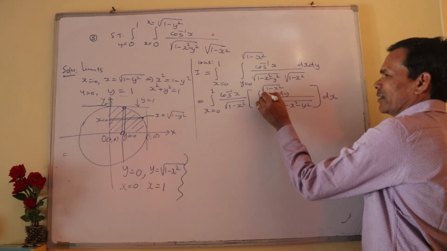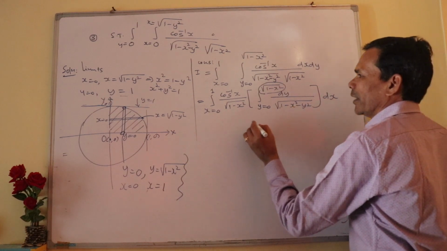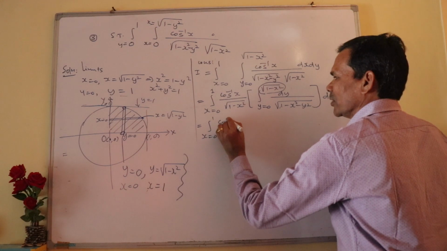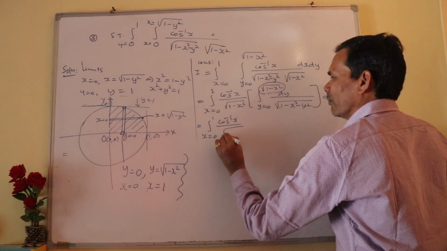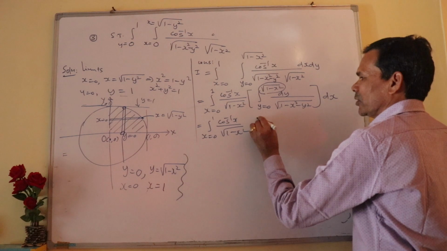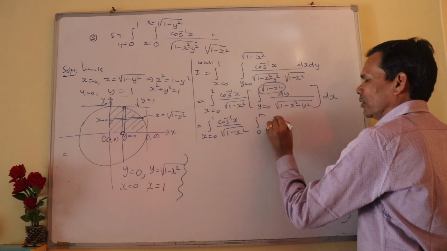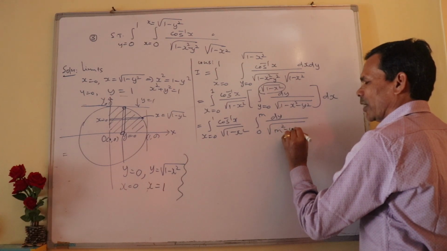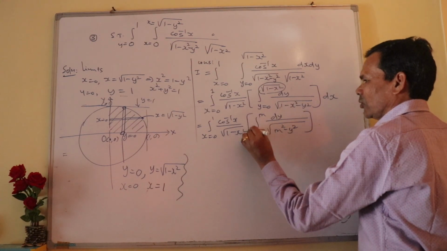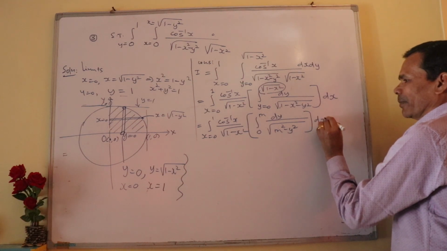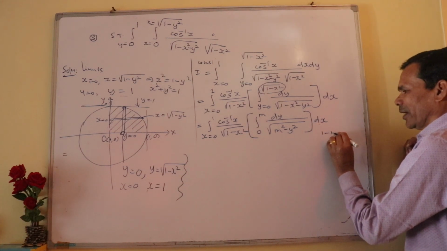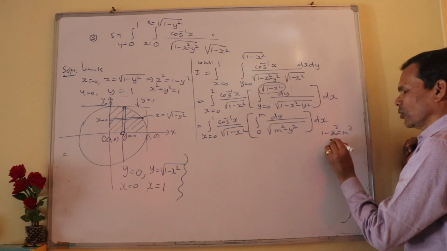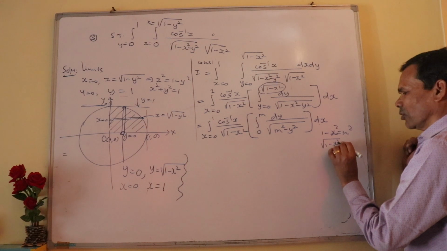Again I consider this as some constant. So x from 0 to 1, cos inverse x divided by root of 1 minus x square, and m from 0 to m, dy upon root of m square minus y square. This is a temporary substitution we have taken because x is constant there. So 1 minus x square is equal to m square, or root of 1 minus x square is equal to m.